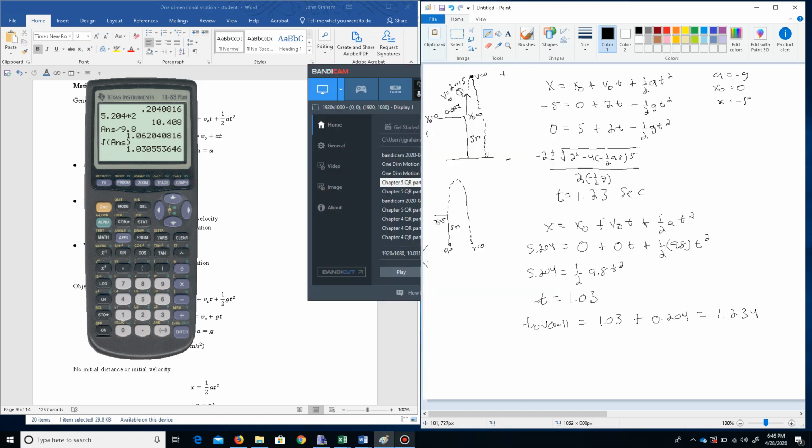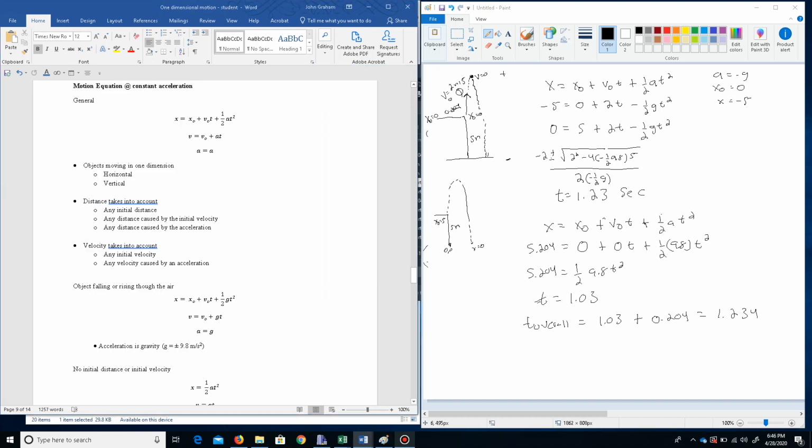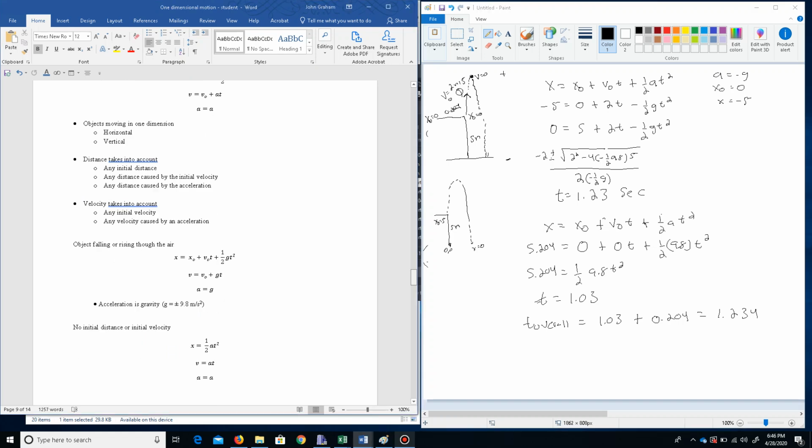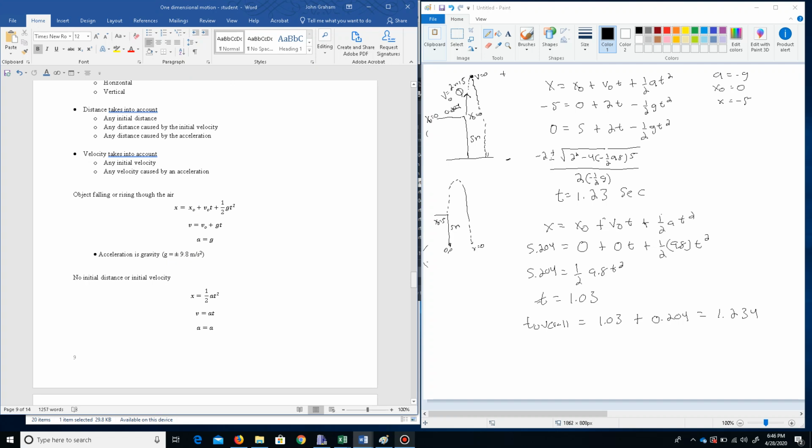Okay, so before I forget, I'm probably going to start a new video here for the last few examples. But before I do that, I want to mention the last thing with this. If you are dropping something and there's no initial distance and no initial velocity, this whole equation boils down to just 1/2 at squared.